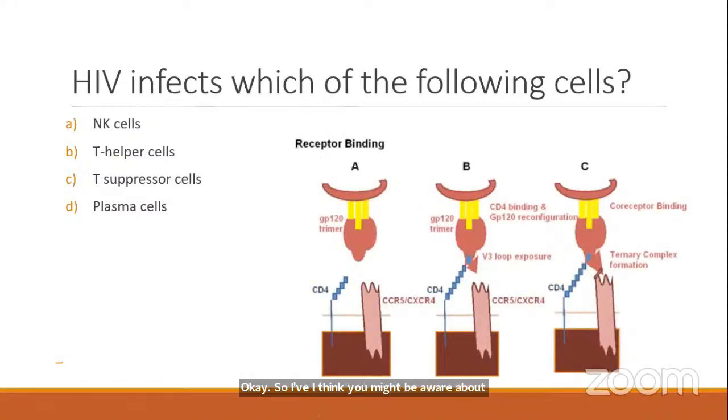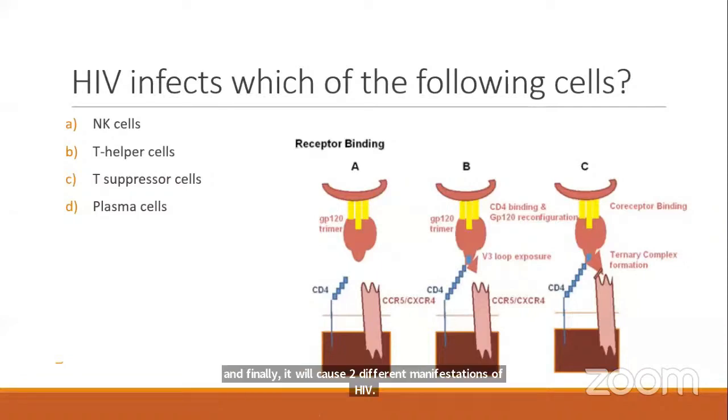HIV infects which of the following cells? It is T helper cells. It will bind to the T helper cells and cause their destruction, and finally it will cause different manifestations of HIV.